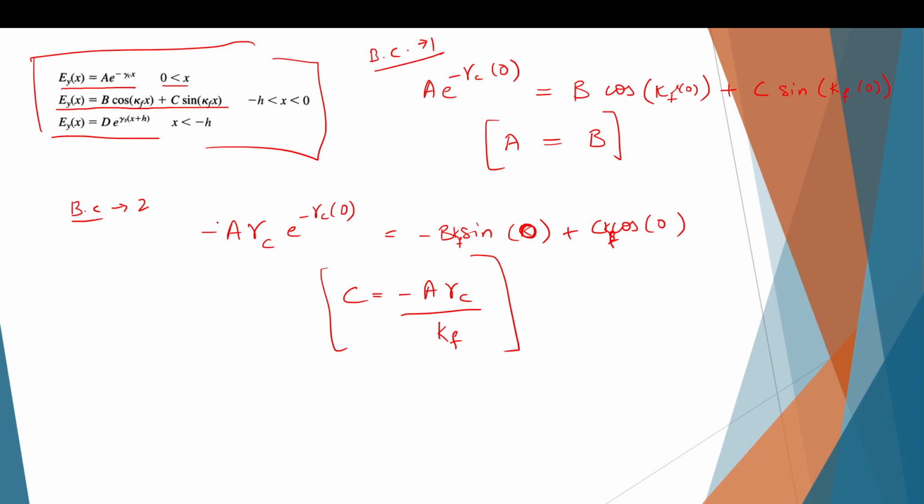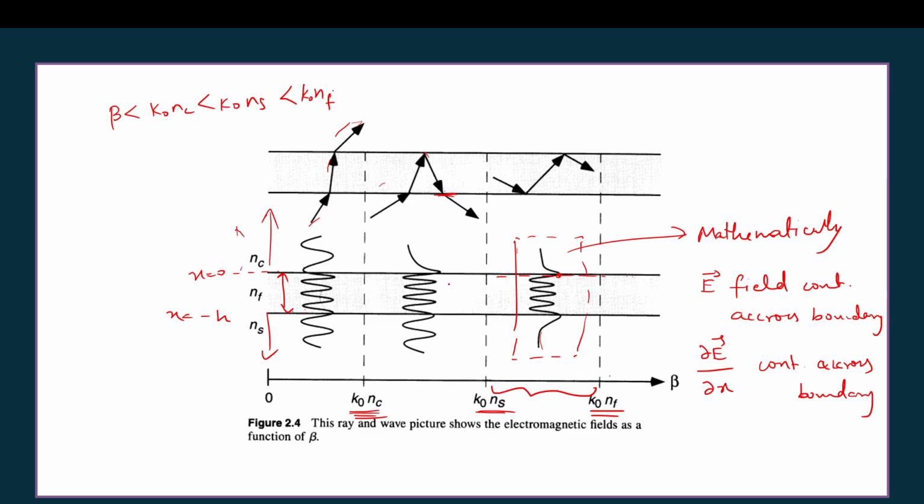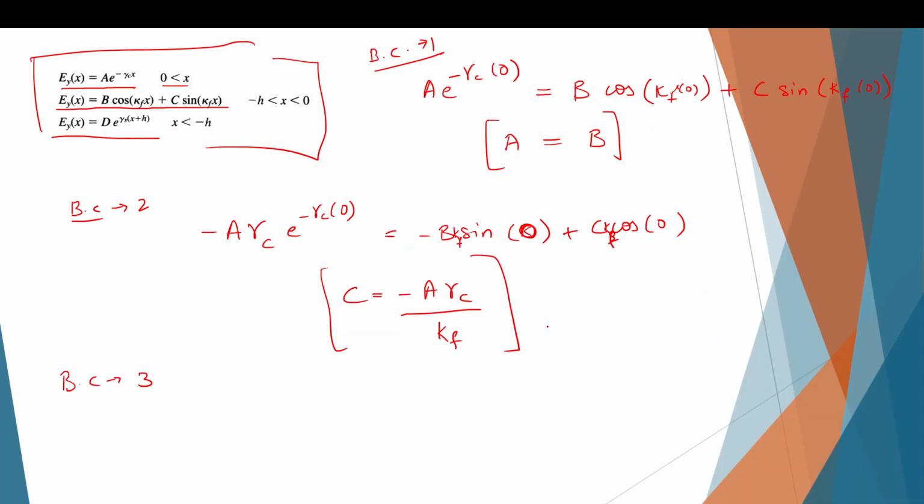So to get d, let me apply the third boundary condition. Third boundary condition is at x equal to minus h, the electric field should be continuous. So let me just put x equal to minus h in this and this.